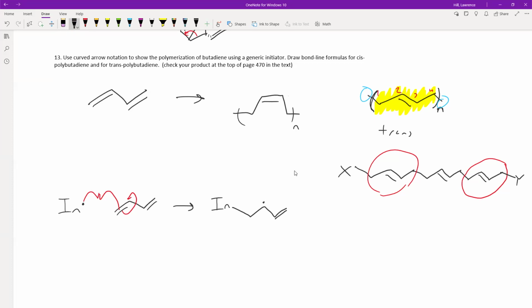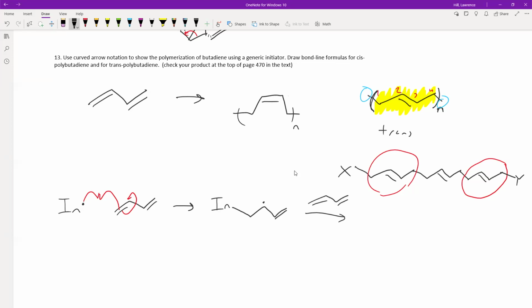Now we want to form, in this case, I'm thinking about trans polybutadiene. And so we'll need to do a bond rotation, and actually, we don't need to do a bond rotation here. You can show the resonance structure, or you could do it another way. Actually, let's just do it the other way because I think that'd be informative. So you have this radical that forms as an intermediate.